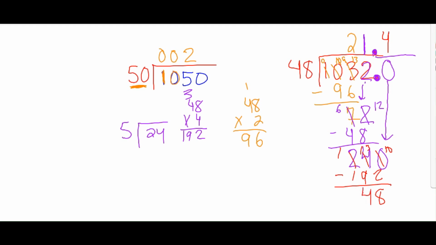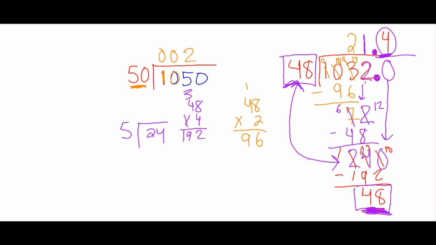So since my remainder 48 is the same as my divisor, that means I can make another group of 48 to take from this 240. So that means that this 4 that I put up here is incorrect because my remainder is equal to my divisor. Whenever your number is equal to your divisor or greater than your divisor, that means you can take more groups of your divisor, and this number right here should go up. So keep that in mind when you're dividing.